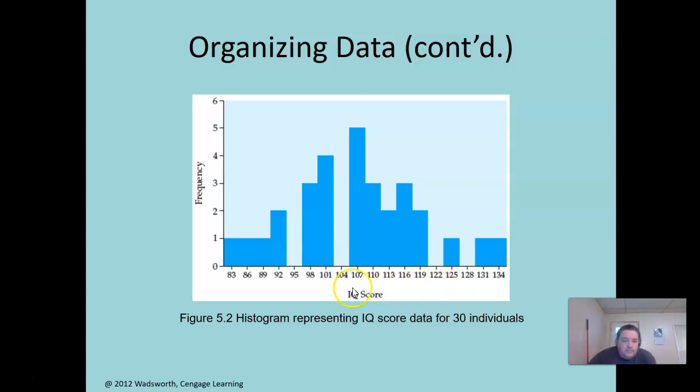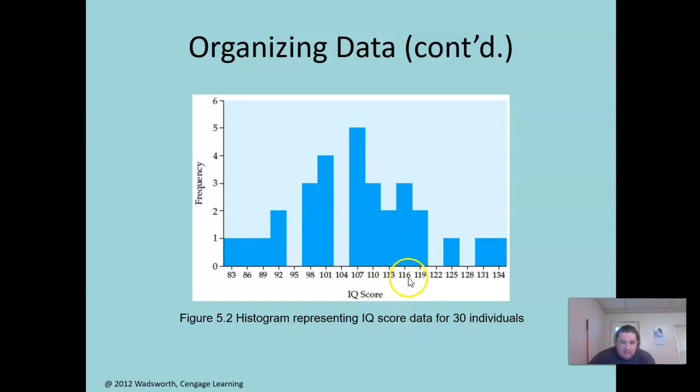So as you can see, each of these dashes is a number here. And so there's one for 83, one for 86, one for 89, one for 92, nothing in 95, 98, 101, nothing in 104, 107, nothing in 110. 113 is 2.